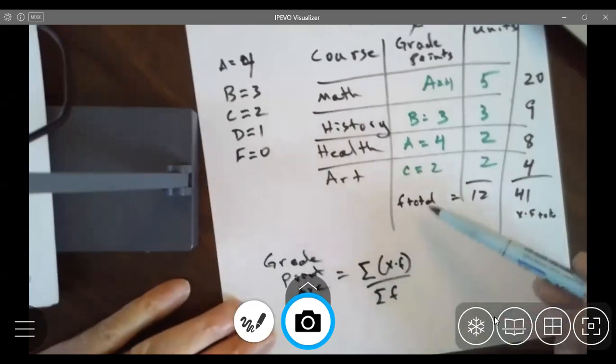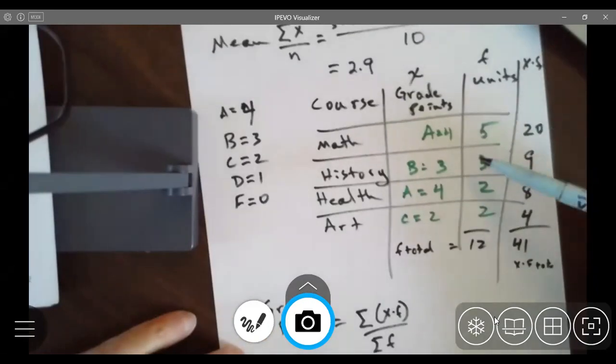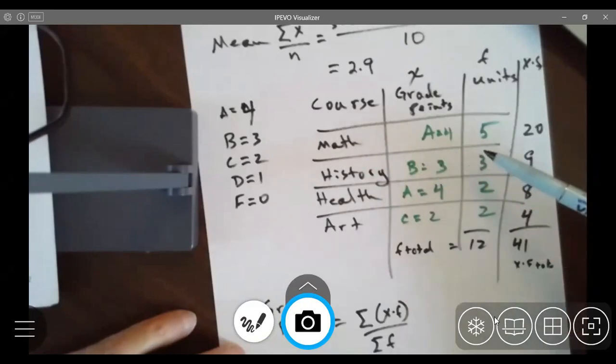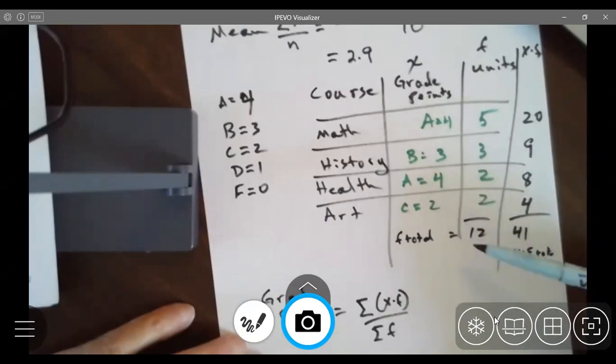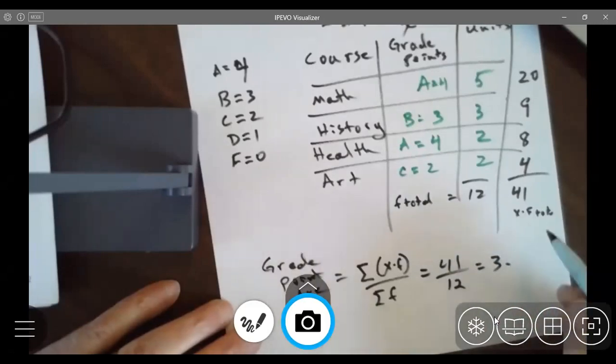And the sum of our frequency, or our units, is 12. So we take the grade times the number of units to get the column to the right, and divide that by the number of hours the student is taking. So that'll be 41 over 12, and that gives them a GPA of 3.42.